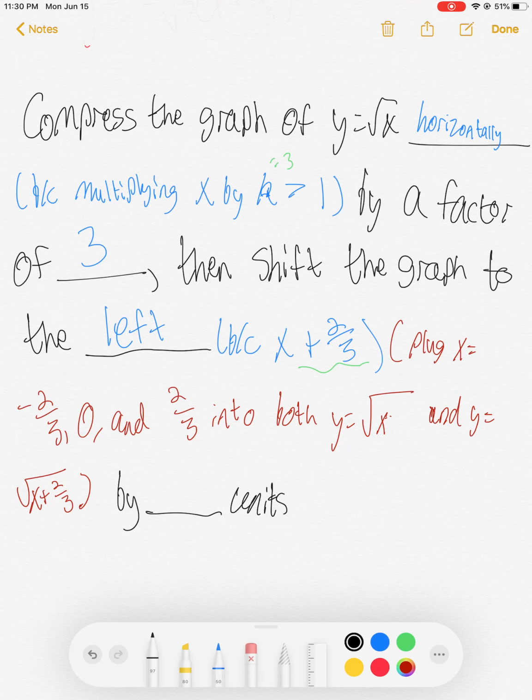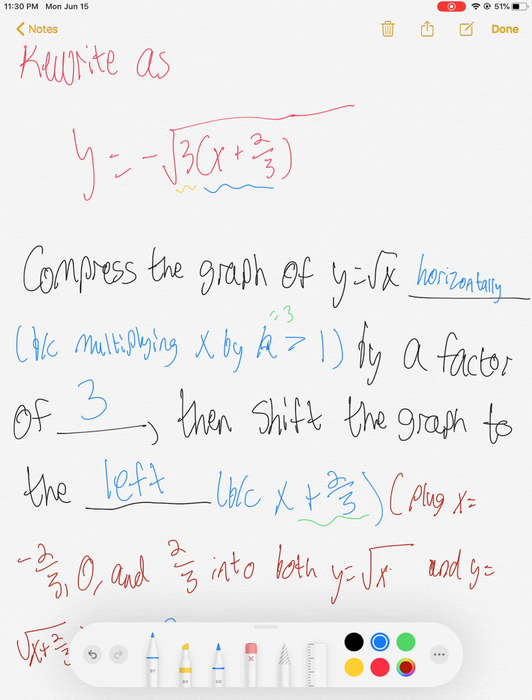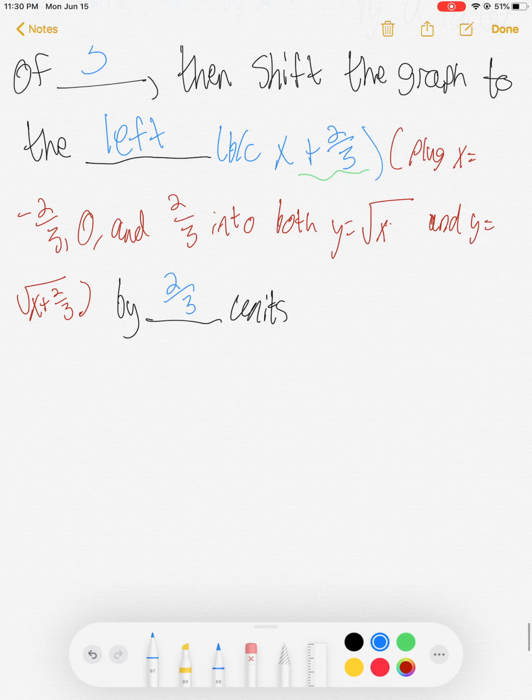It's one of those phenomena that's difficult to explain, but I think that if you play around with it a little bit, you will get comfortable with it and make more sense of it. So plug a few points into these things and compare the graphs, compare their values, and I hope that you can start to see why that is. So the left, by, and now there's a blank again, how many units?